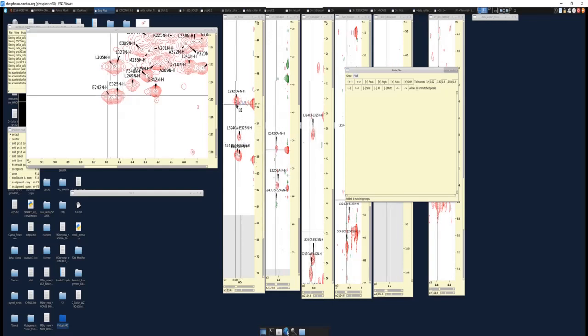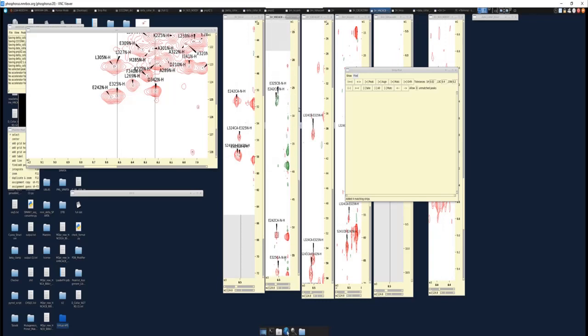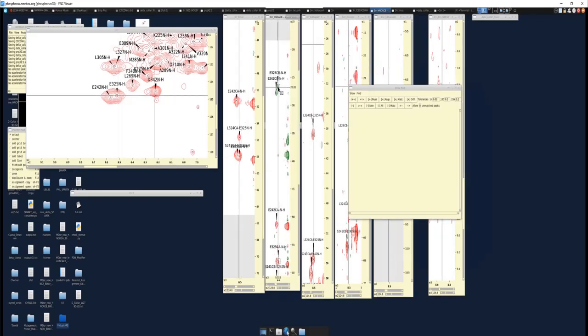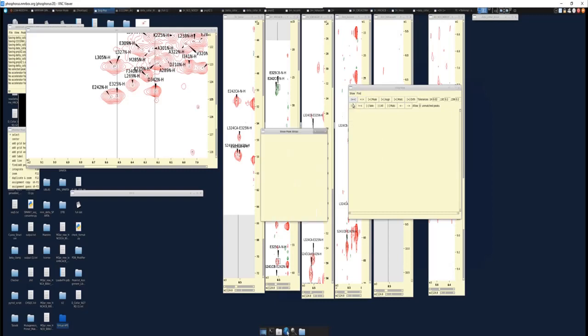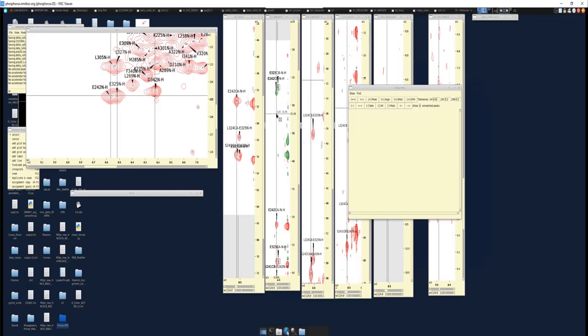Let's say we want to use the C alpha and C beta. So here's our C alpha. And this is the C beta. So now we're going to search the CBCACONH because we're picking the I peak and we're going to try and find its I+1, which is that glycine.